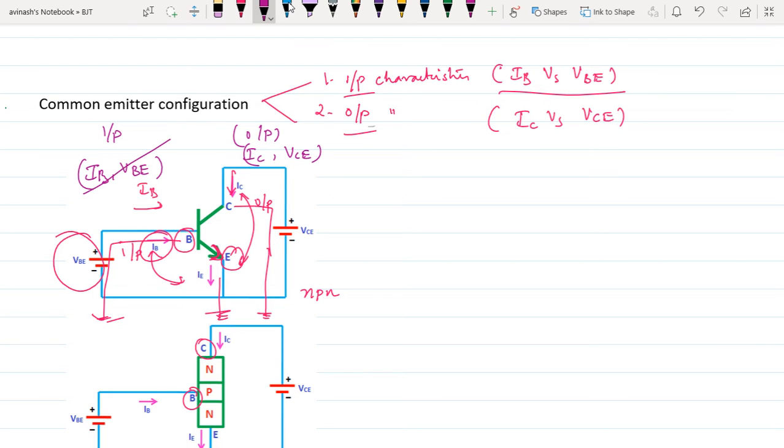While we vary this input characteristic, what should be kept constant here? VCE should be kept constant. In the same way, while we analyze the output characteristics, IC versus VCE, what should be kept constant here? IB should be constant.